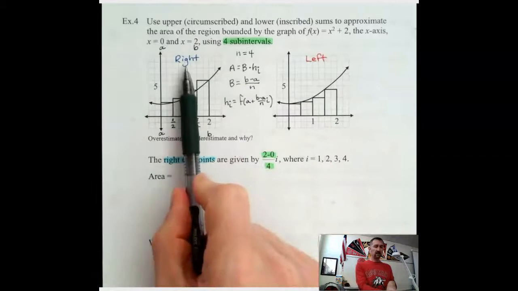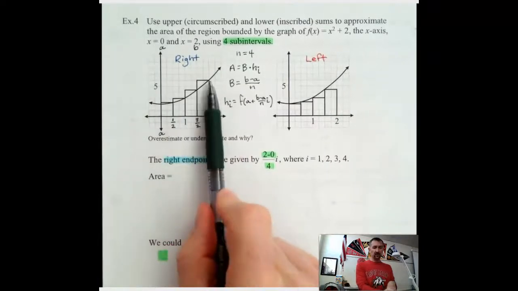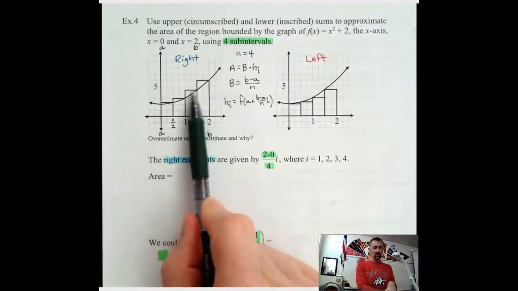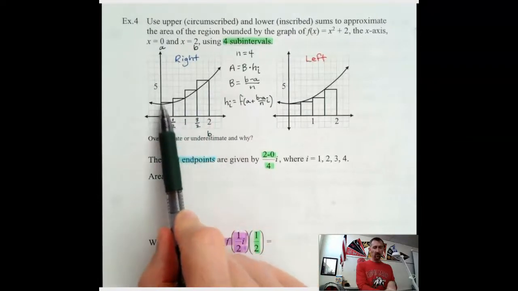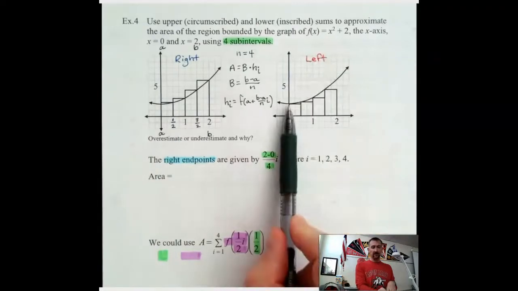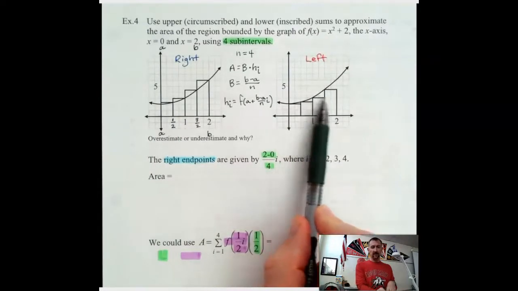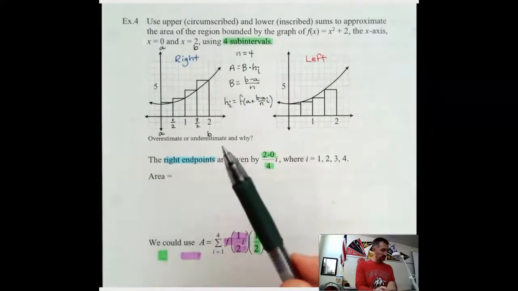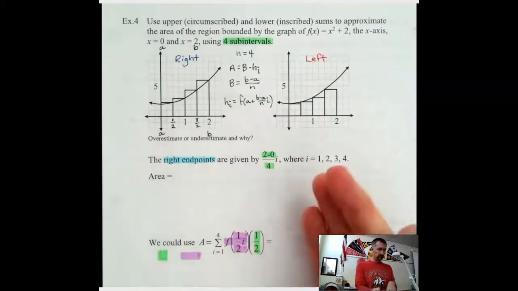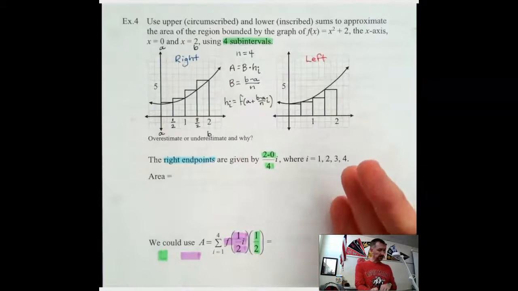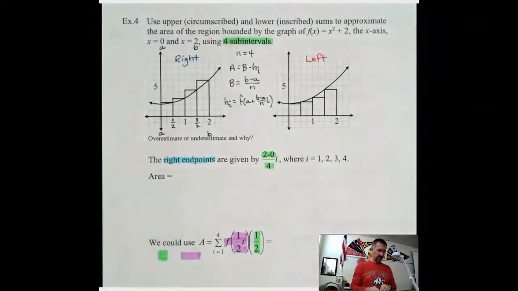Now this is from the right side, so we're starting on the right at 2, and we're coming over this way for our 4 rectangles. If we start on the left, it starts over here, and you see those rectangles are below the graph, but we'll talk about that in a minute. I think that's good for that right now.